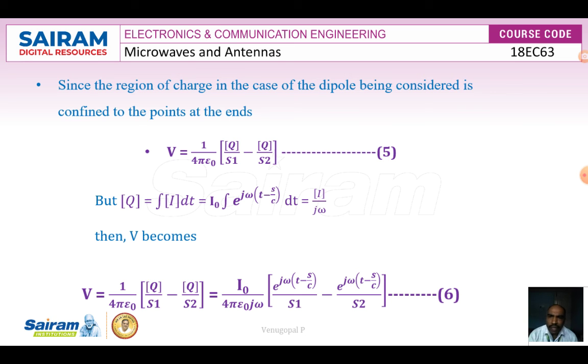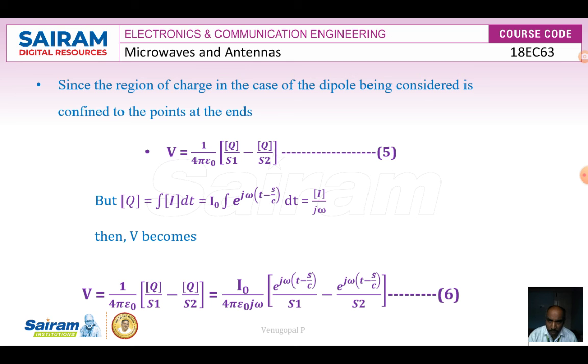Since the dipole has two ends, two charges are present over there: one is a positive charge, another is a negative charge. So S1 is the distance from the positive charge to the distant point, and S2 is the distance from the negative charge to the distant point.